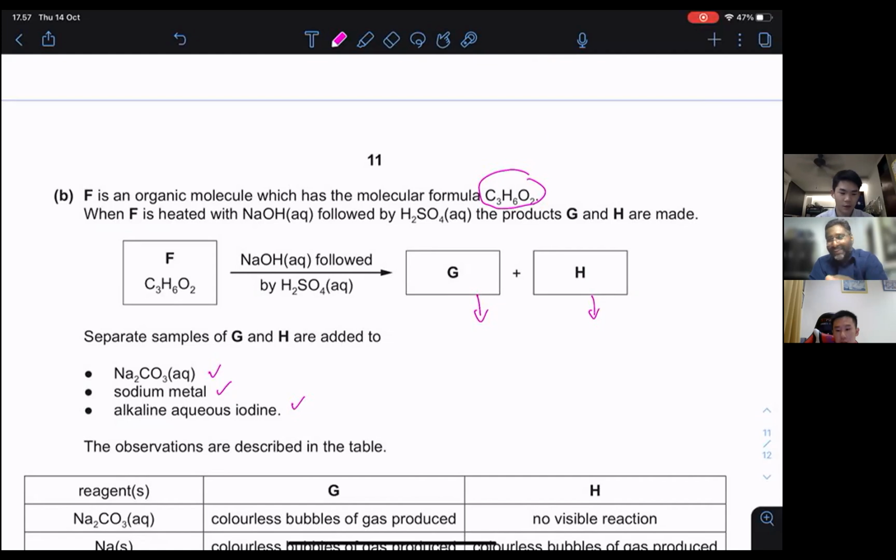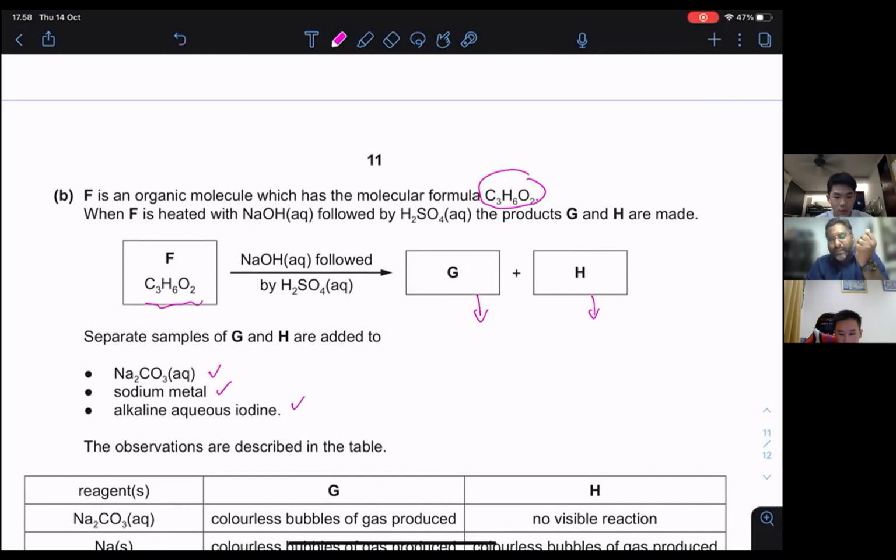Hydrolysis. Okay, and this is sodium hydroxide followed by H2SO4. So they are using hydrolysis to convert this ester. So this one is ester actually. How do I know?